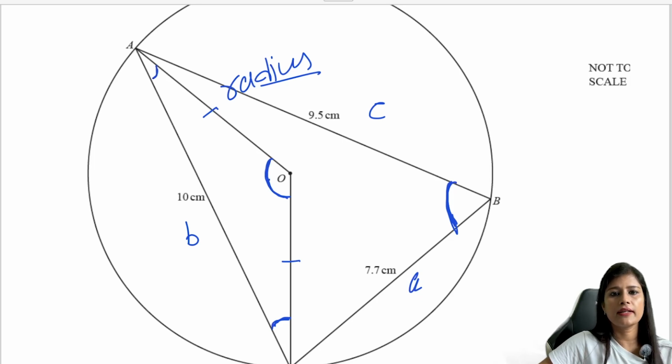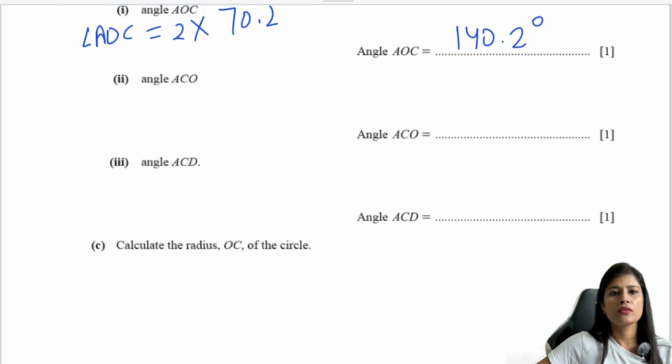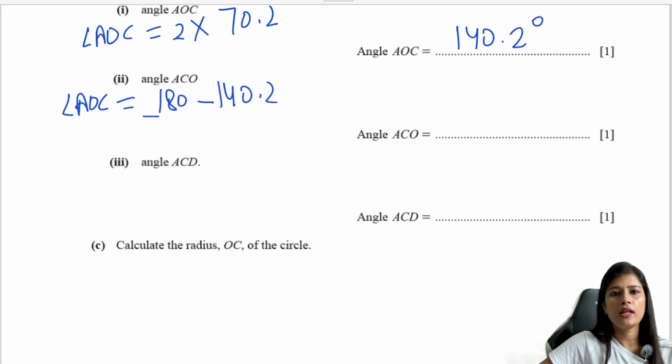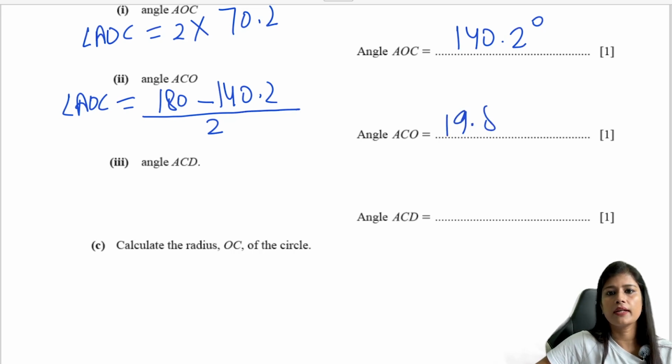So 180 degree minus this angle and divide by 2 will be ACO. So angle ACO will be 180 degree minus 140.4, and if I divide by 2 I will get angle ACO, which is 19.8 degree.